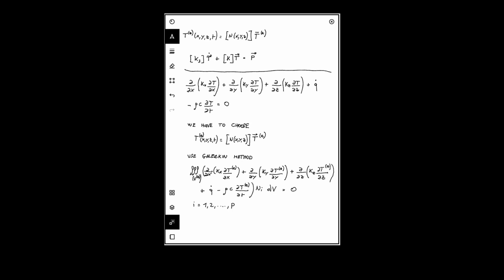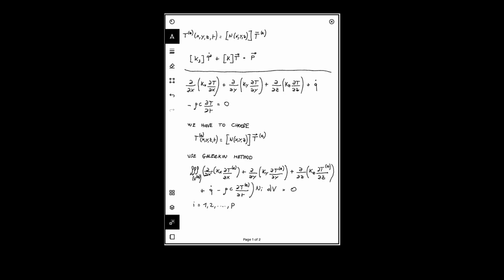After that, we can integrate these terms. We can first of all divide this integral in subintegrals, but if we consider only this part underlined, we can integrate it by parts in 3 dimensions.